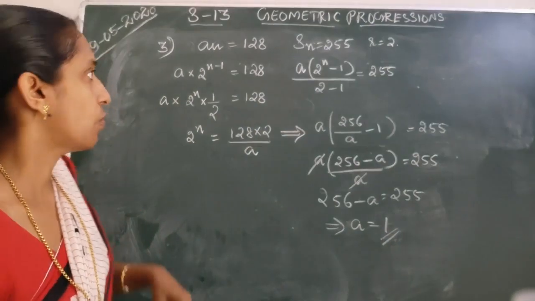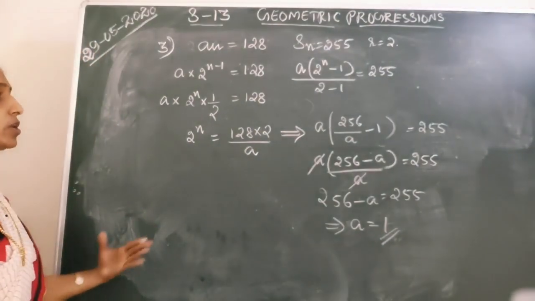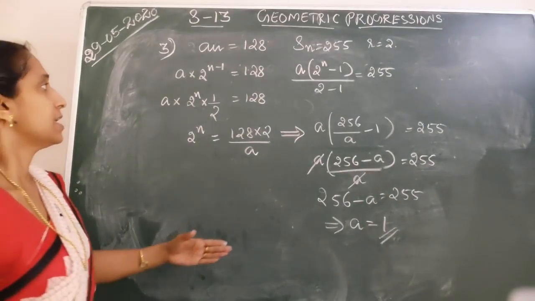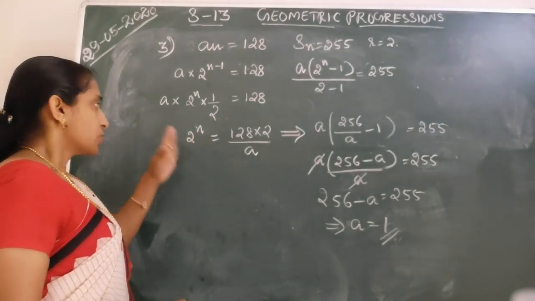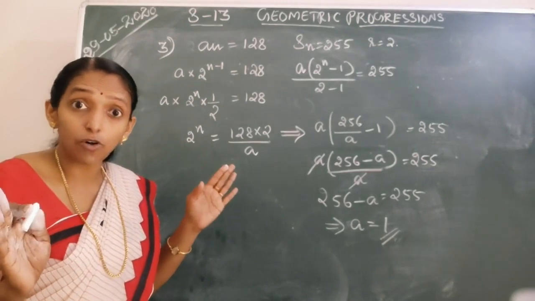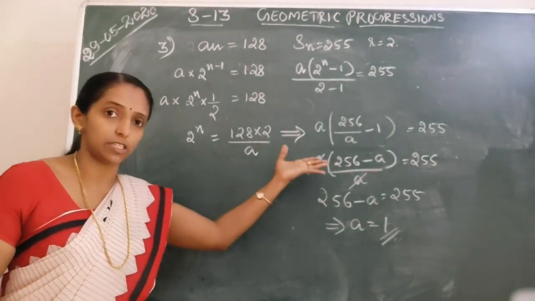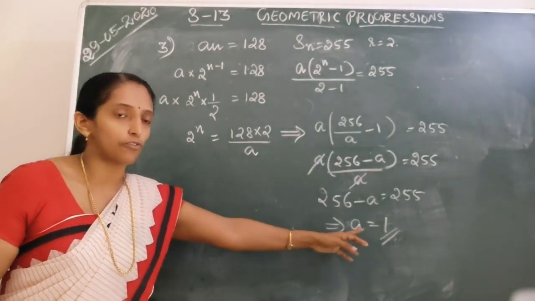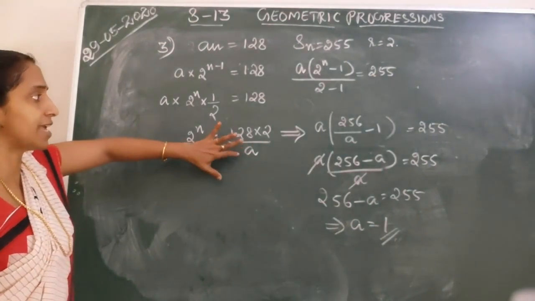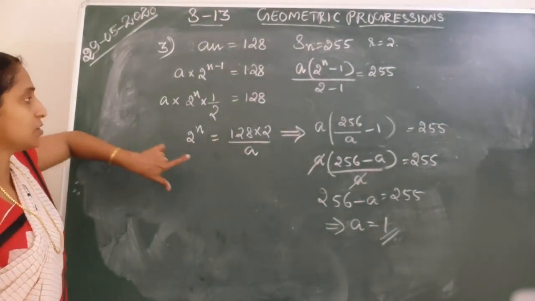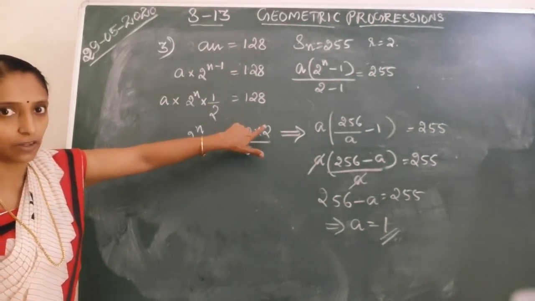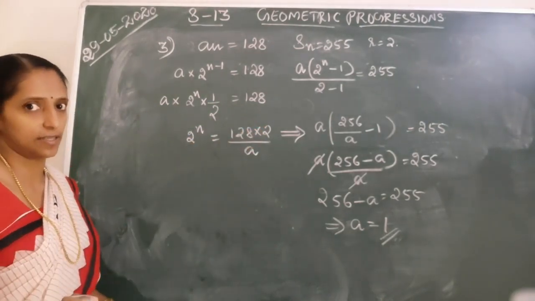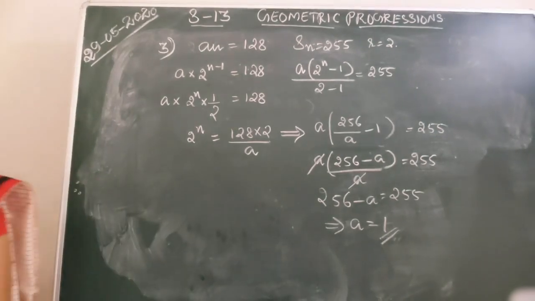Okay, so what you have to find, according to that you have to make the other term. Here we don't want the value of n. If you have to calculate the value of n, first of all the same procedure: you will find the value of a and you can substitute the value of a here. Then you will get 2 to the power n as say 2 to the power something. Then you can simplify.